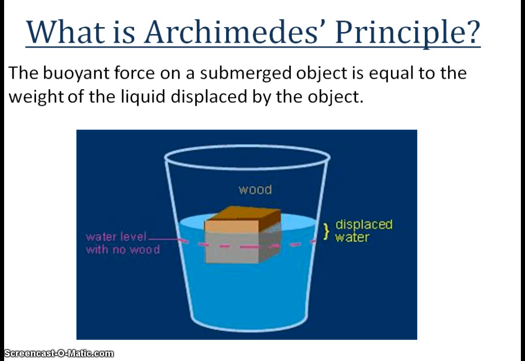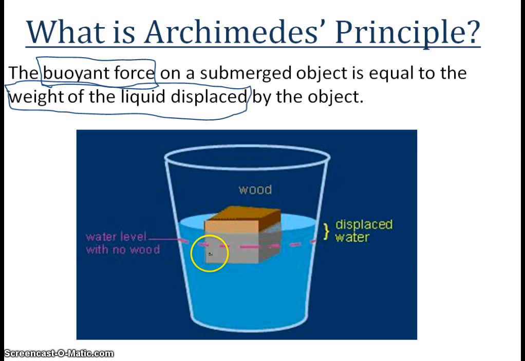This force, the buoyant force, put a box around it. The buoyant force is equal to the weight of the liquid that's displaced, so pushed out of the way. These are the same. These are equal to each other. So this displaced water here, this weight of water is equal to the amount of force pushing up.